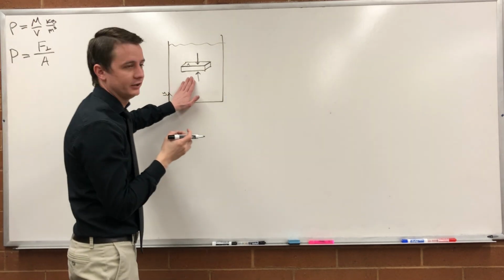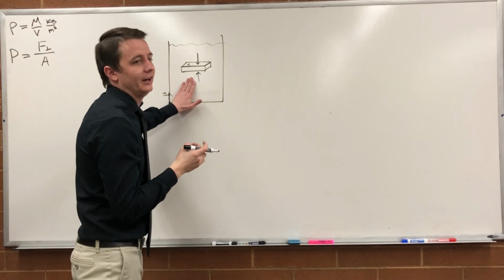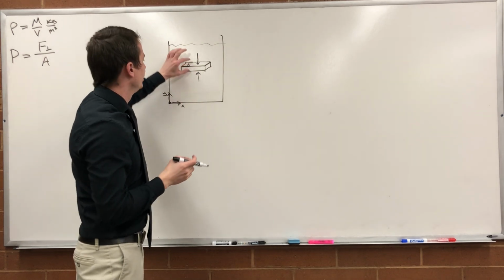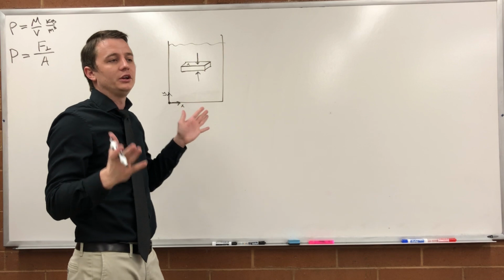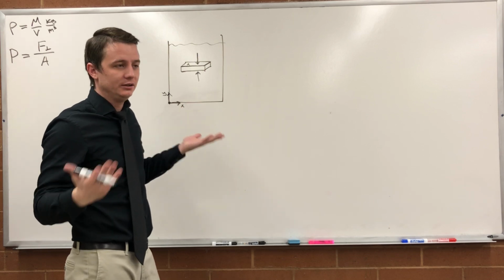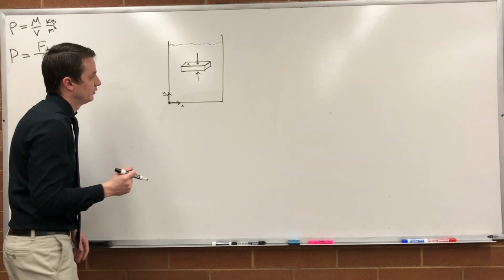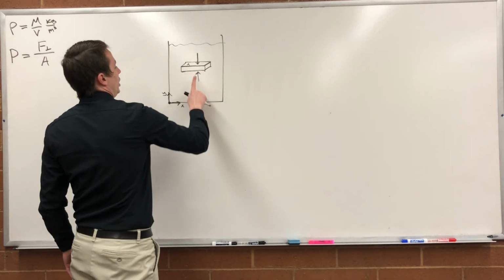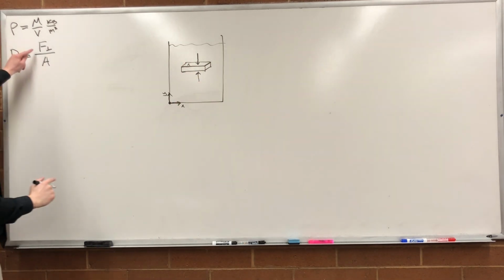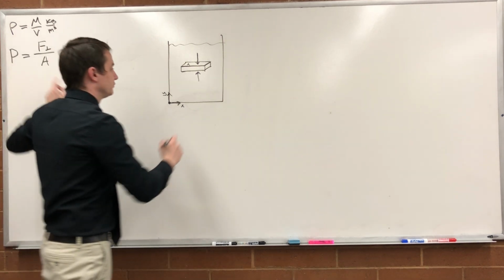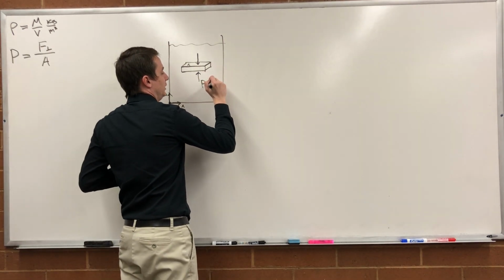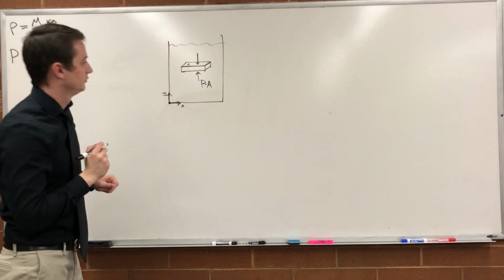We know that this little cube of water inside this container isn't moving, so we know that the net force on it is going to be zero. From the bottom, the force is equal to the pressure times the area. So we have P times A right here, pushing up on it.